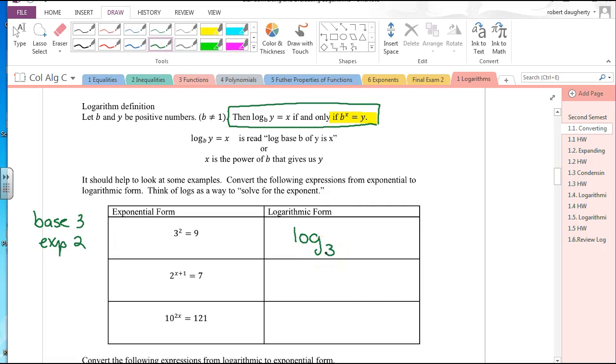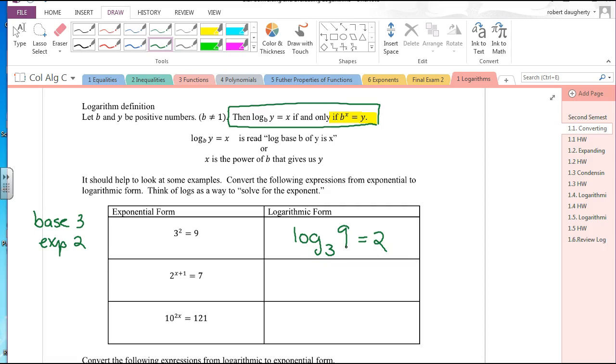In exponential form, my exponent will always be on the other side of the equal sign, all by itself. What's the exponent? 2. So on the other side of the equal sign, all by itself, I'm going to write a 2. What's the only number I haven't written yet? 9. The log base 3 of 9 is equal to 2. So these are equivalent expressions. This is exponential. This is logarithm.